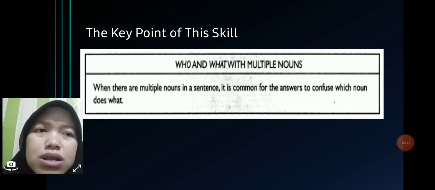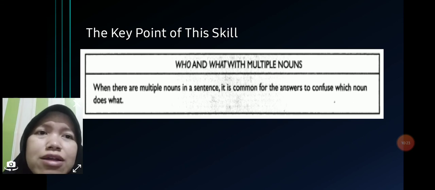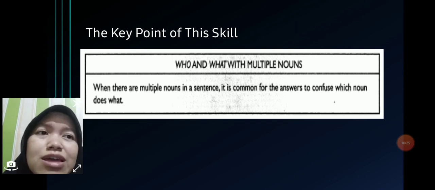After that, we make this sentence into the passive or active voice, like that. This is the key point of this skill.